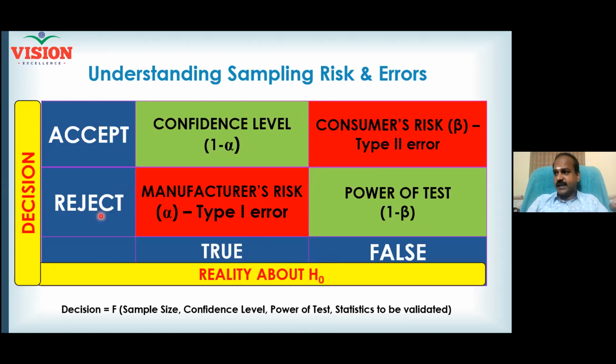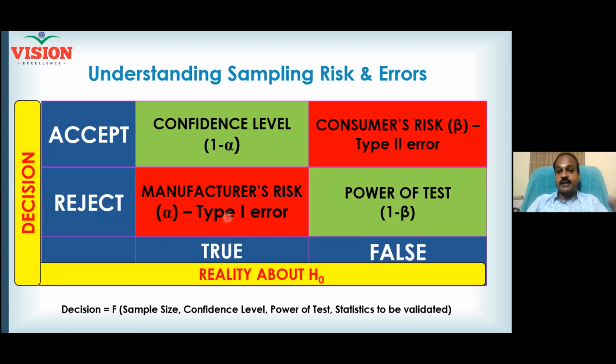You did a study and you rejected it. What is the error you are committing? Type 1 error. The null hypothesis is true, you have rejected it. This is type 1 error.